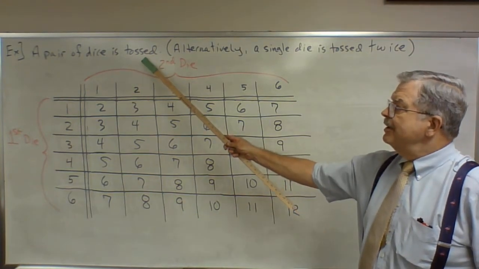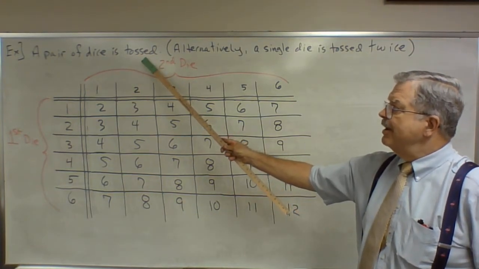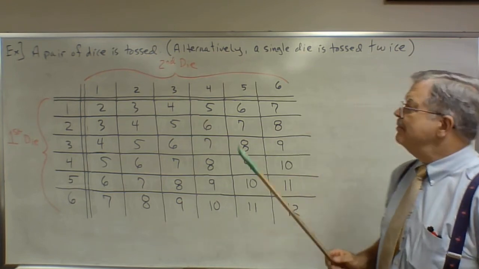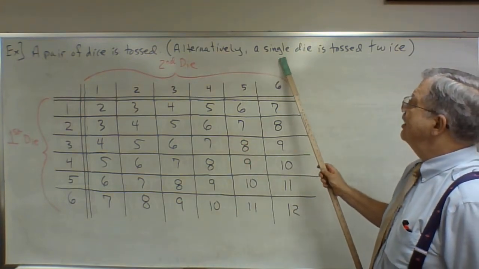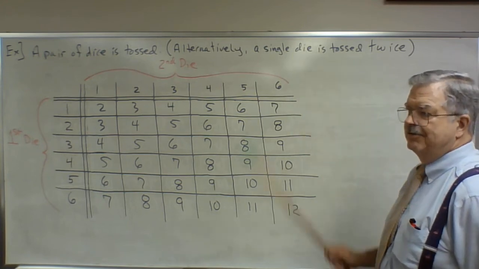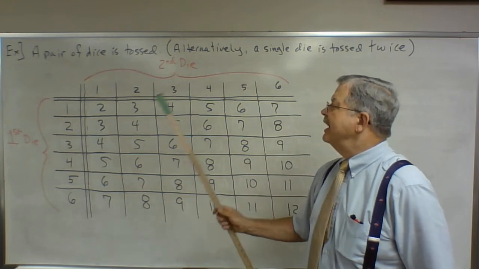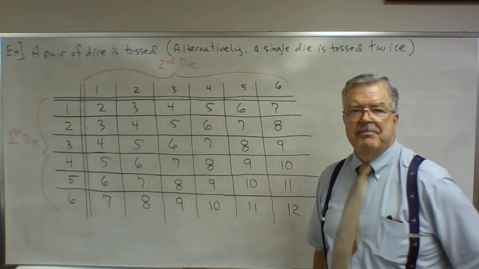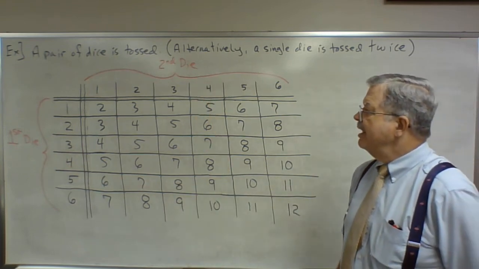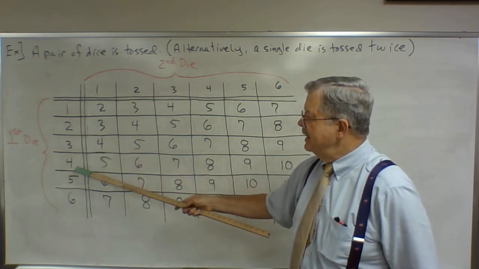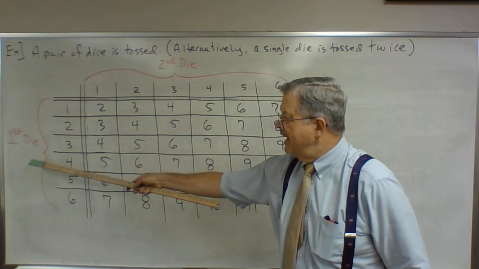The premise is that we toss a pair of dice. This is exactly the same thing as tossing a single die twice. And we make a distinction between the first die and the second die. These are the numbers that we get on the first die.